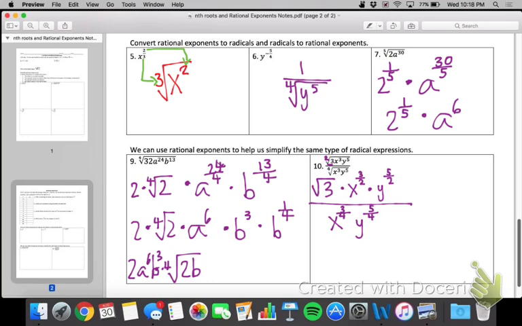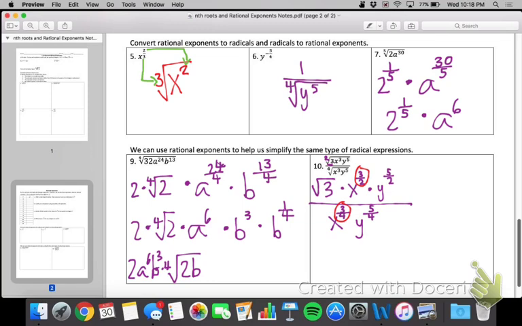This looks bad at first, but one of the nice things about being able to rewrite this in exponent form is now I can apply properties of exponents. So to simplify this, I can just subtract 3 halves and 3/4, and that will give me my new exponent on x. So 3 halves minus 3/4 is 3/4, right?